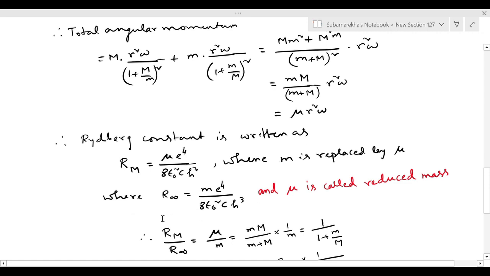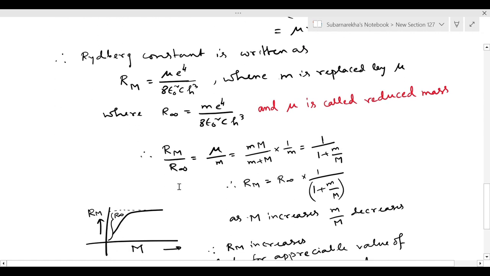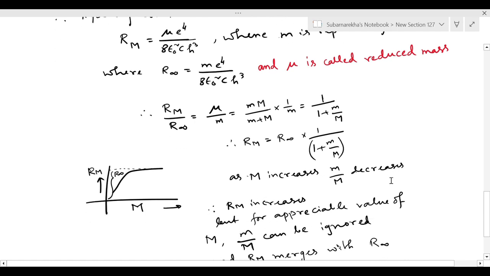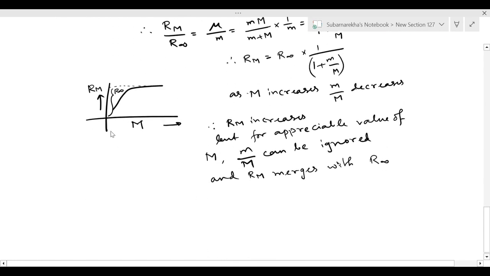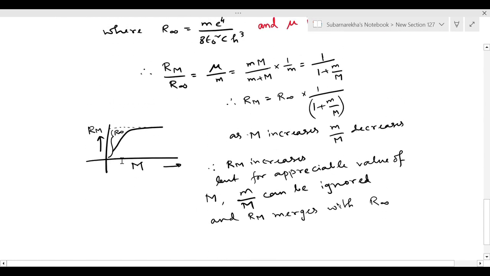If we take the ratio of R_M and R infinity, it gives 1 by 1 plus small m by capital M. As capital M increases, small m by capital M decreases, so R_M increases. If I plot a graph with capital M along the x-axis and R_M along the y-axis, we get a graph like this. Initially it increases, then it reaches a steady condition. That steady value, when extrapolated backwards, gives R infinity.